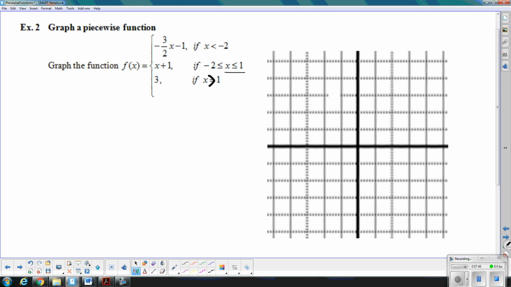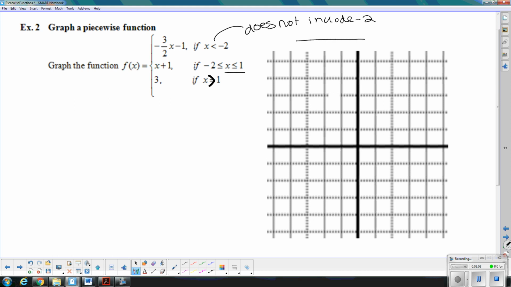The first thing we're going to do is look at our first set of domain. So everything when x is less than -2. Now, strictly less than, this means it does not include -2.